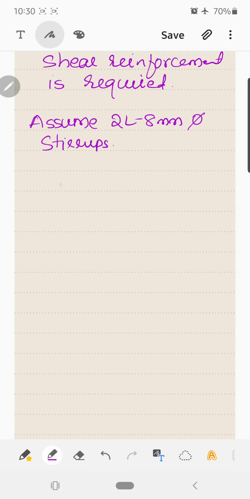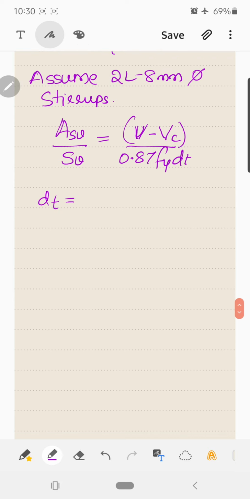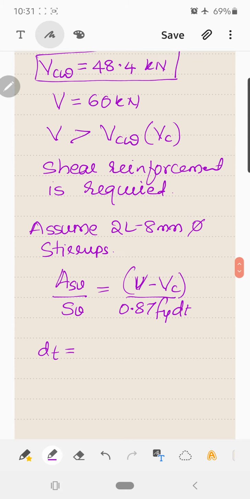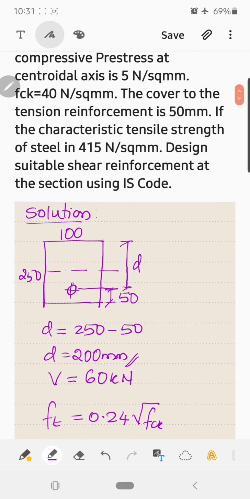As per case number 3, ASV by SV is equal to V minus VC, the extra value of shear force which has to be resisted by the stirrups, divided by 0.87 Fy into dt. The dt is the depth of the extreme compressive fiber either to the longitudinal bars or to the center of the tendon, whichever is greater.